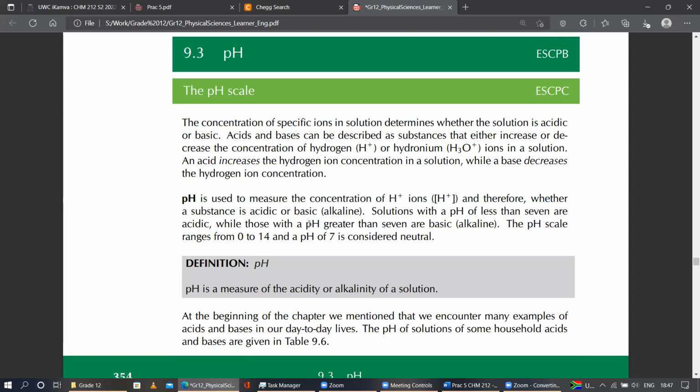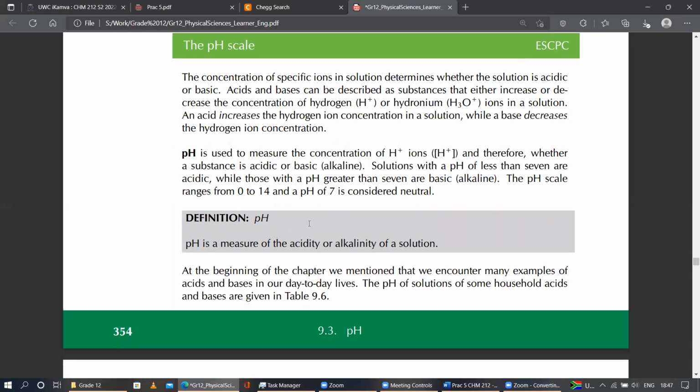When calculating pH, we're going to use two concentrations, one for the proton and one for hydronium. pH measures the acidity and alkalinity of a solution, or how acidic or basic a solution is.